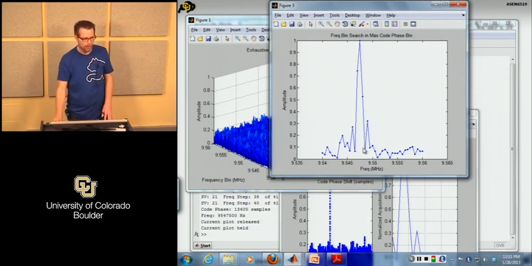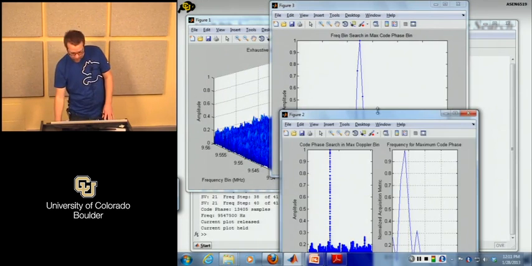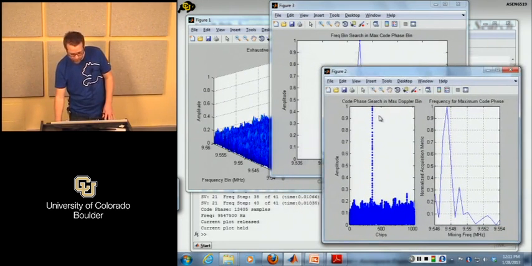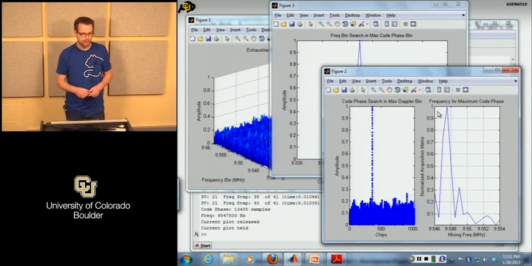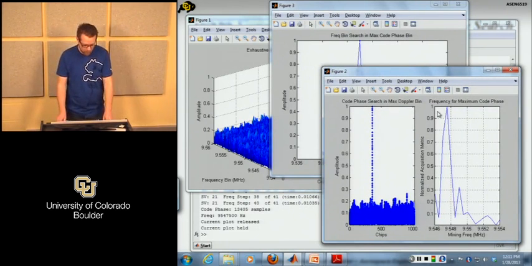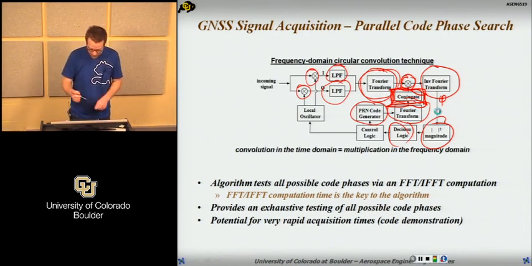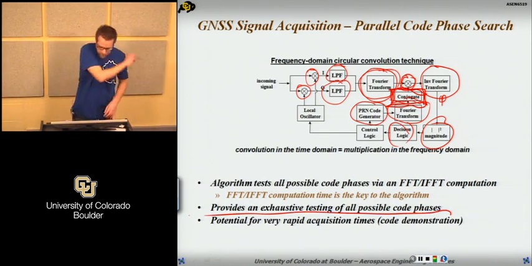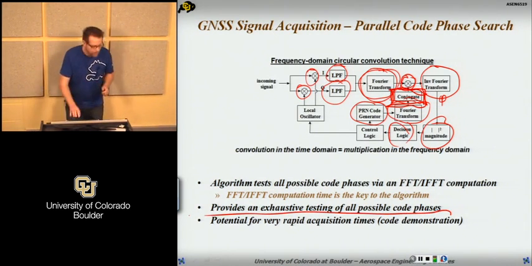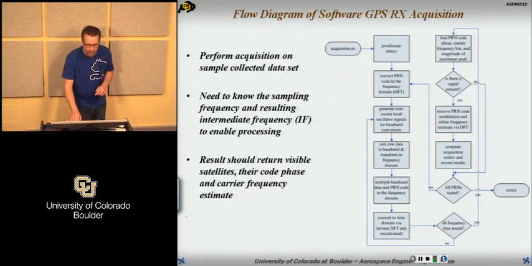Here's a function of the frequency search, and this one here is the code phase, raw, and then we zoom in. Pretty awesome, right? Frequency domain. Awesome. So we have a way to do it with all of the code phases at once. It was super fast compared to the other one.